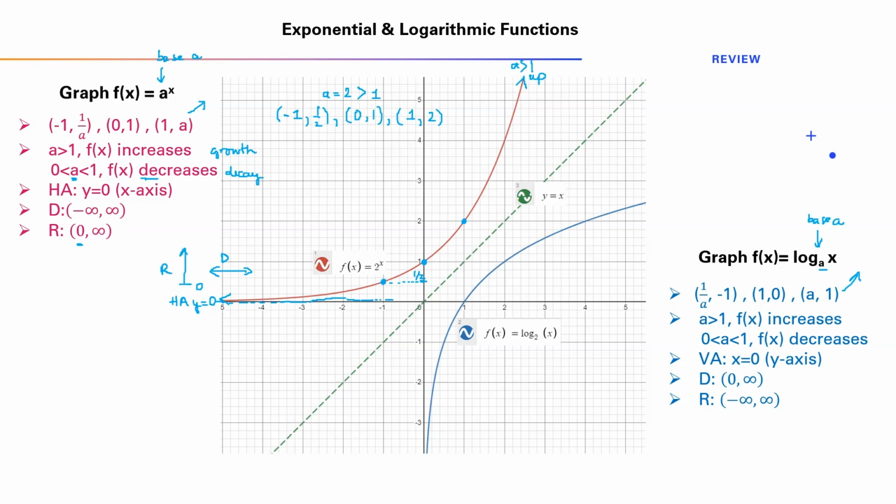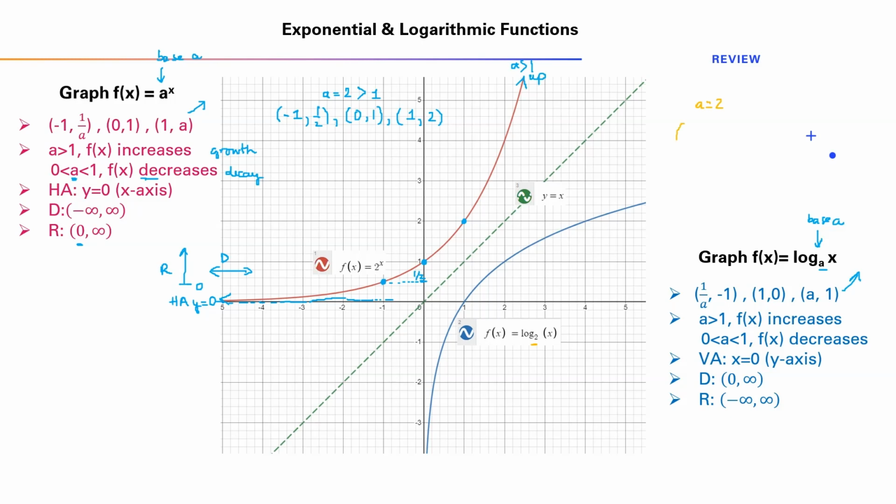Okay, so f of x equals log base a of x is the opposite, or inverse, of f of x equals a to the power of x. In this case, we use log base 2, so a still equals 2.